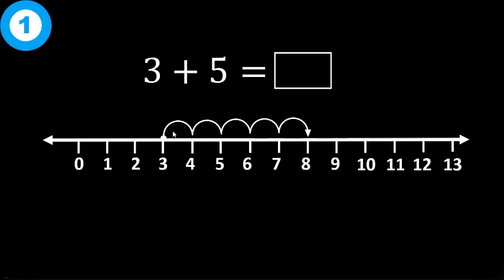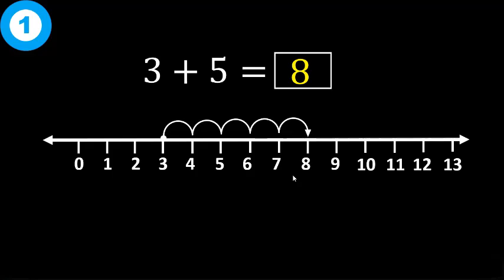You realize that there are 5 jumps because we are adding 5. Each jump stopped at the next number after the previous. Now where did we stop when we were jumping? It's simply at 8. Thus 3 plus 5 is 8.